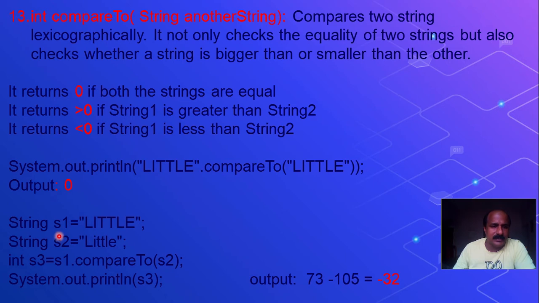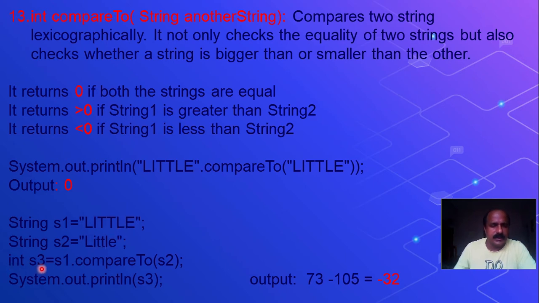Now let us see another example. Here string s1 is equal to "little", then string s2 is "little" itself, but the cases are different. This is fully in uppercase and this is in mixed case.